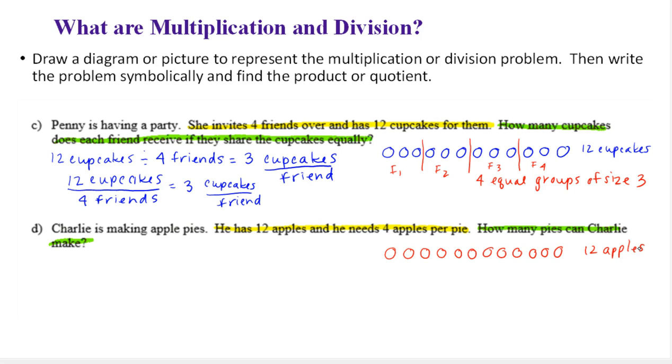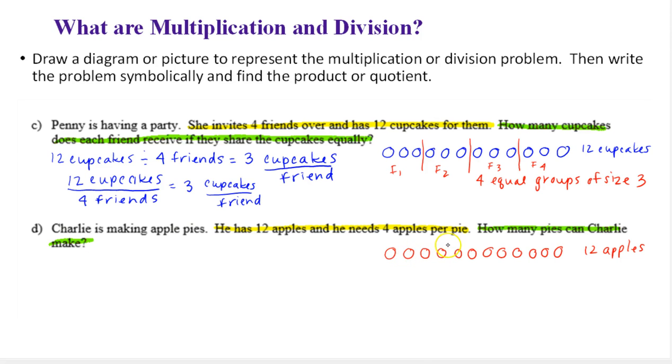Now here we know that he needs 4 apples per pie. So we can approach this a little bit differently than we did in the last one. In the last one we didn't want groups of size 4. We wanted 4 groups. But here we want groups of size 4 where each 4 is going to be for 1 pie. So this will be easier than the last one.